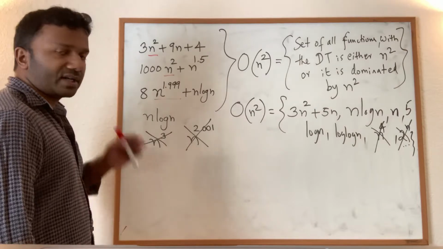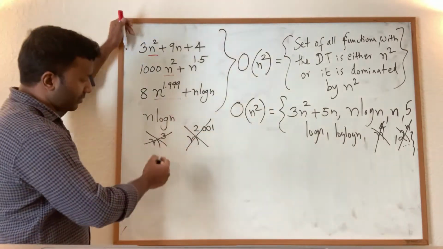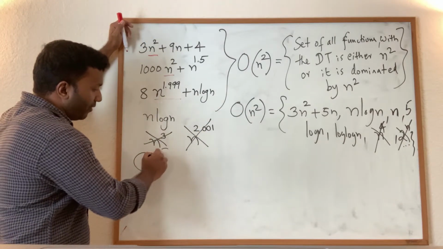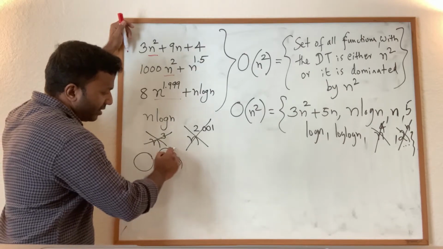Right? So what is the formal definition of big O? The formal definition of big O of f of n is this.